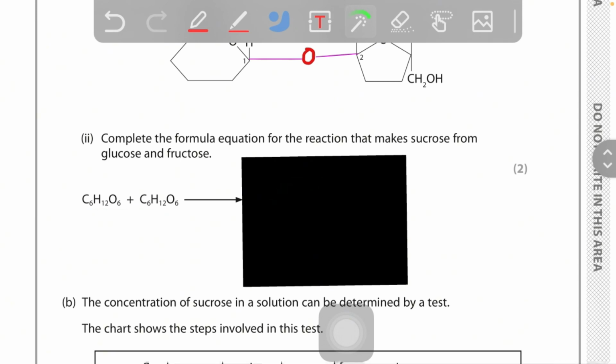So at first we will write the produced one, which is water, because we know that water is a must, it's always there. Then we will just write the C, H, O and balance their numbers. That makes it a lot easier, because it's possible not everyone knows the formula of everything.